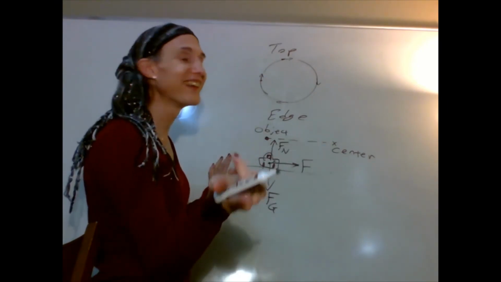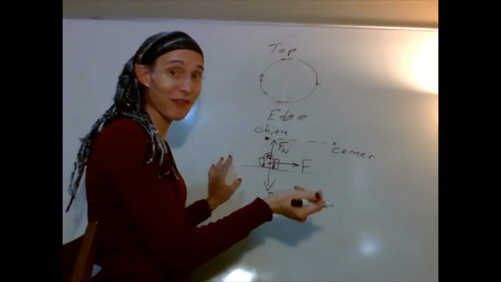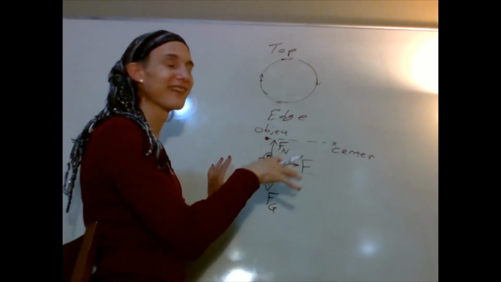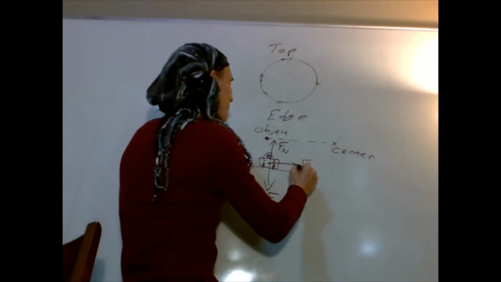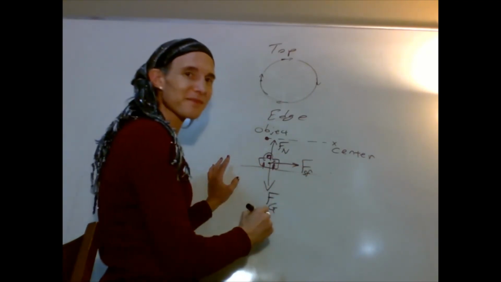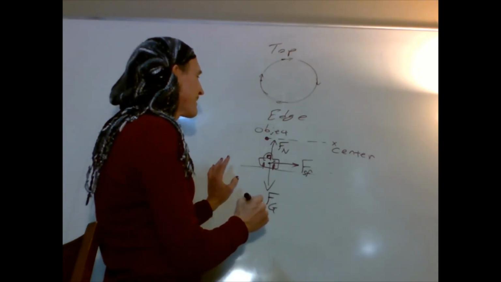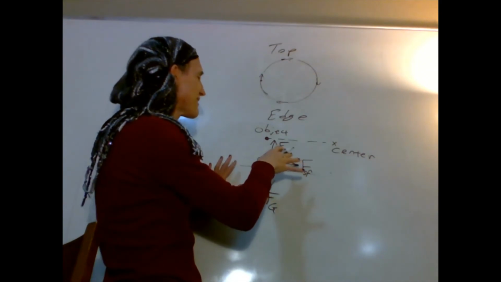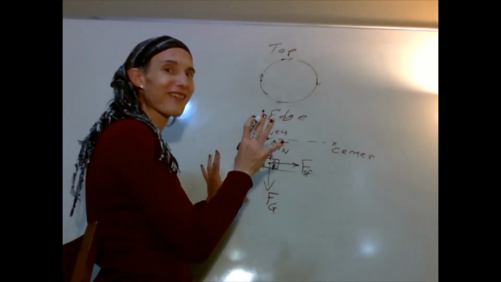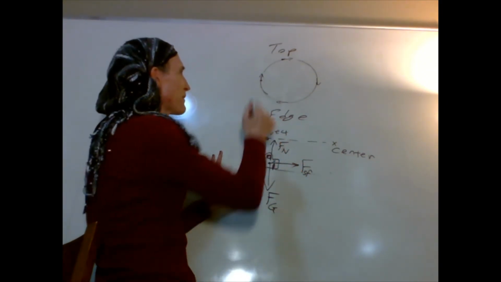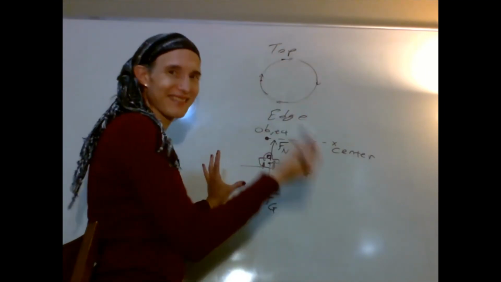When you study rolling, you'll learn that rolling involves static friction, not sliding friction. So this is a force of static friction. It's accelerating the car towards the center of the circle, which simply means that it's keeping it in the circle.